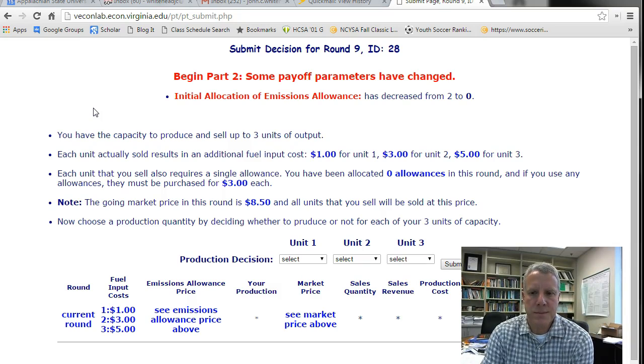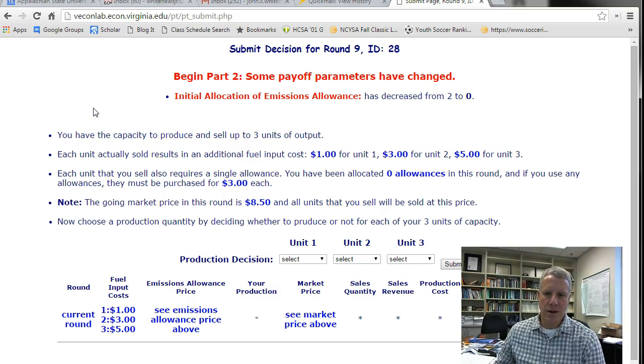So what this experiment simulates is going from a cap and trade permit system where polluting firms are given pollution allowances, emissions allowances, and allowed to use them or sell them, to now we've gone to a pollution tax system where in order to produce the product we have to buy an allowance at $3 each. So everything has stayed the same, except now I have 0 allowances.